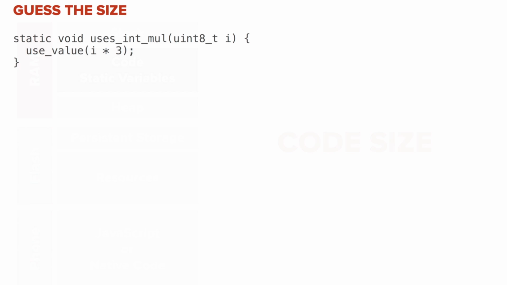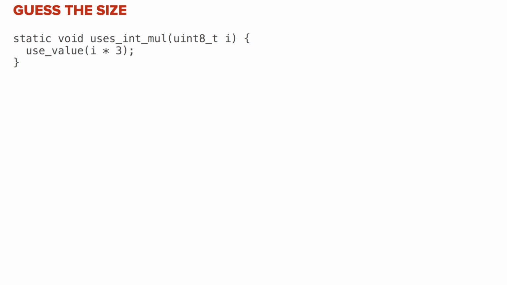Let's prove that. If I write this function, which takes a byte, a uint8, and just multiplies it by 3 and passes it over to another function which accepts an integer, how large is that function anyway? How many bytes does it take? Any guesses? 64.